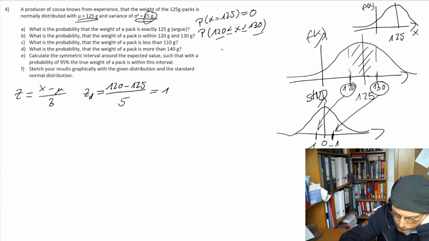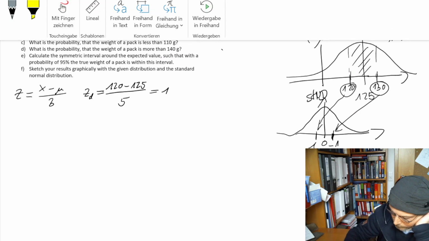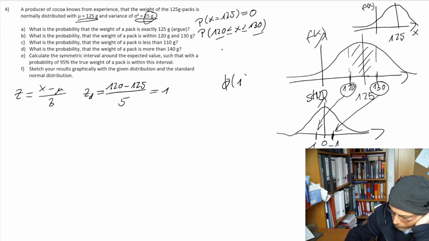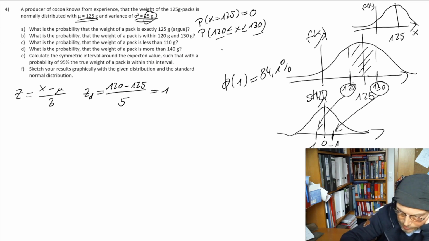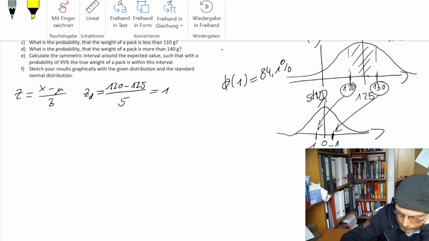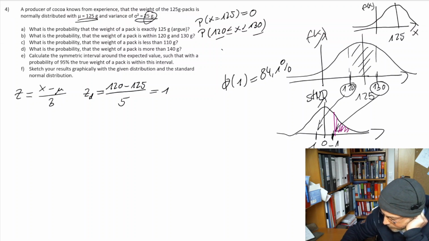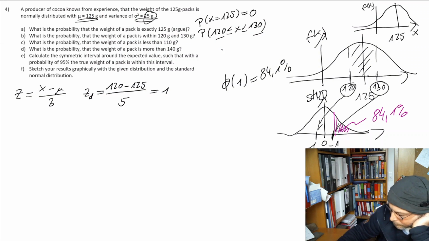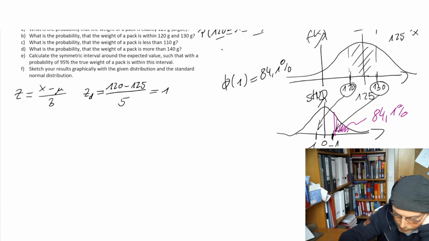So we know phi of 1 is 84.1%. This means, and this I think you really should practice, that this probability up to here, oh sorry, I did it wrong.